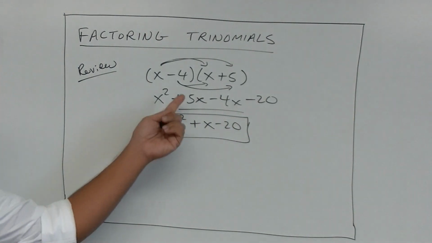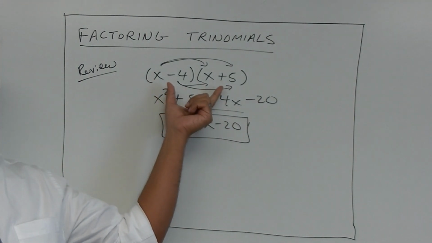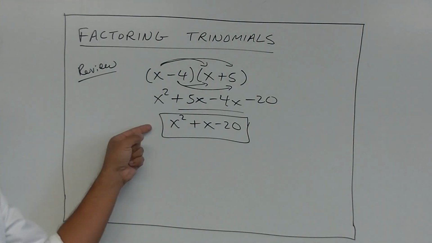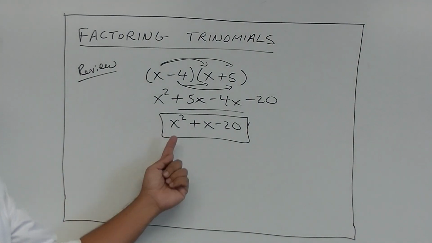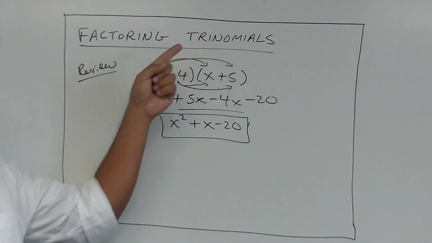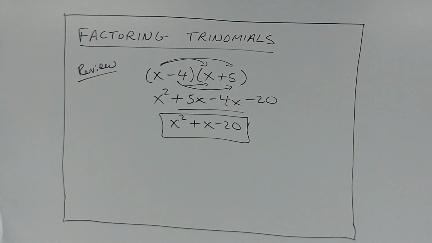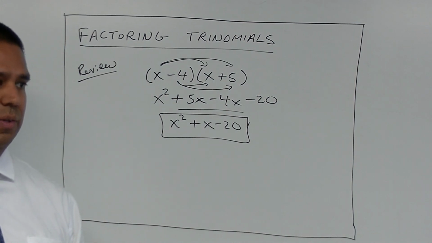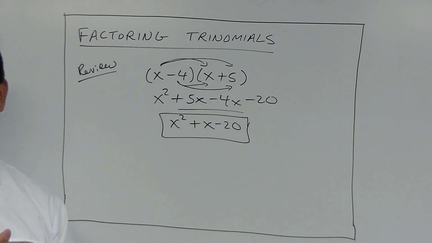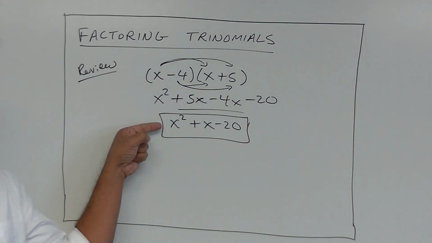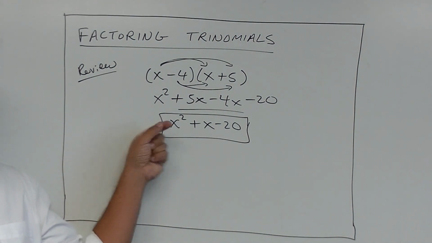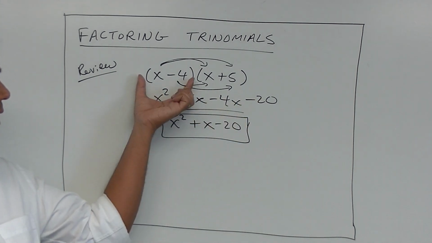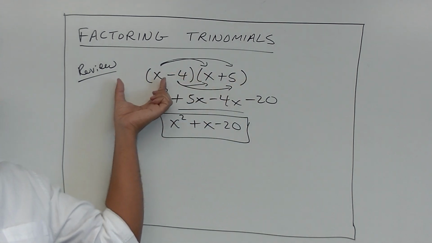So notice we multiplied two binomials and the result was a trinomial. So then in today's notes, what we want to do is work backwards. If I give you the trinomial, we are going to factor it, or break it back down into the two binomials.